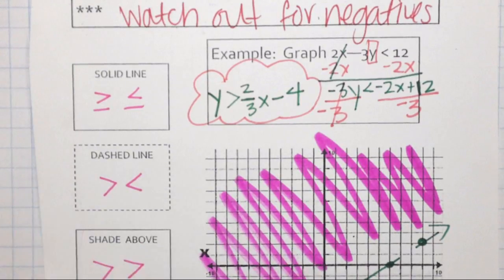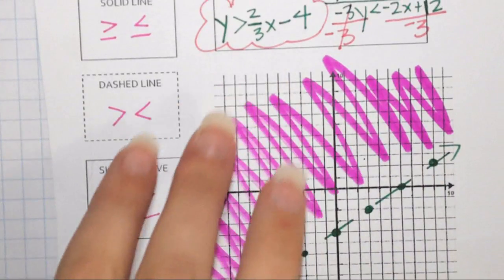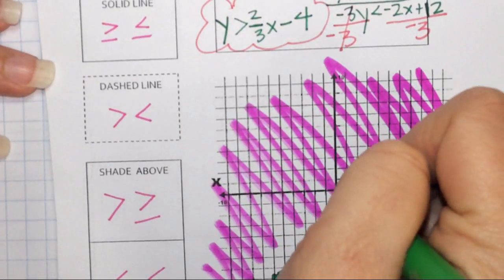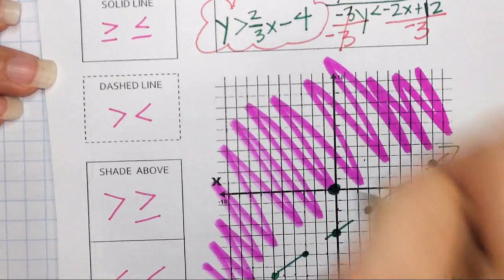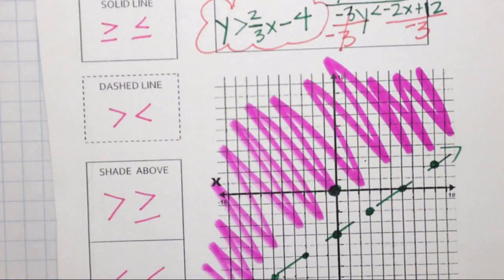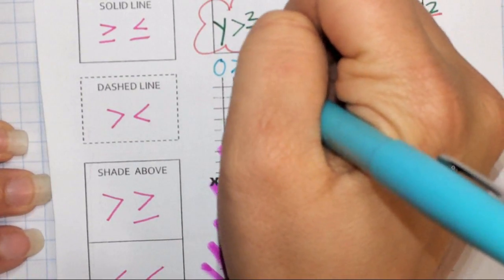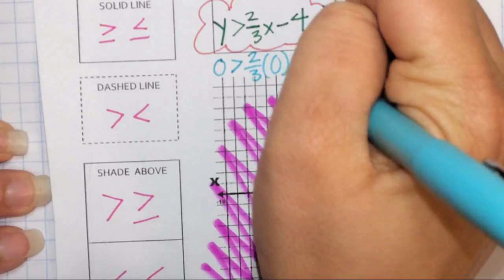Okay, baby, you see how we shaded all of this region up here? So what I'm going to do is take this point right here, which is called (0, 0), and plug it in and prove it to you. I want you to watch. If I plug in (0, 0), that means that 0 is y, and that has to be greater than 2/3 times 0 minus 4, correct?